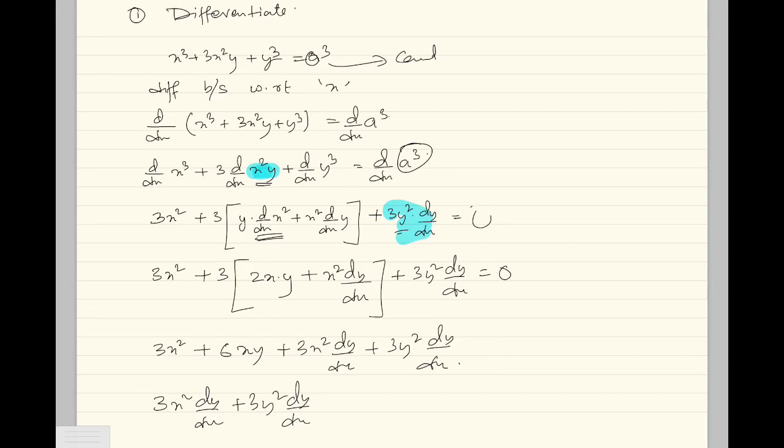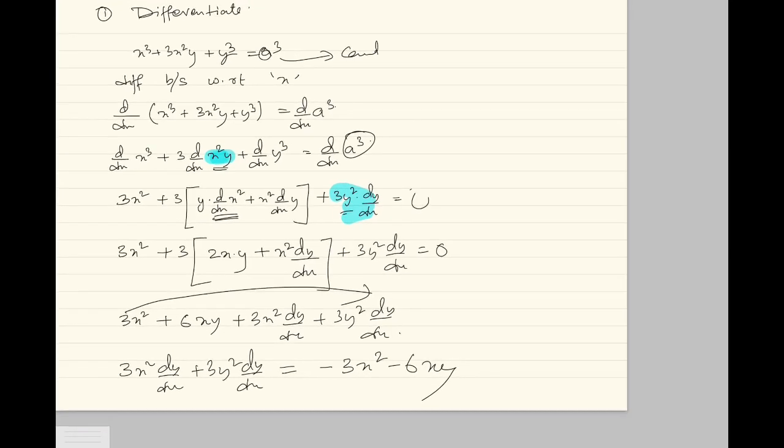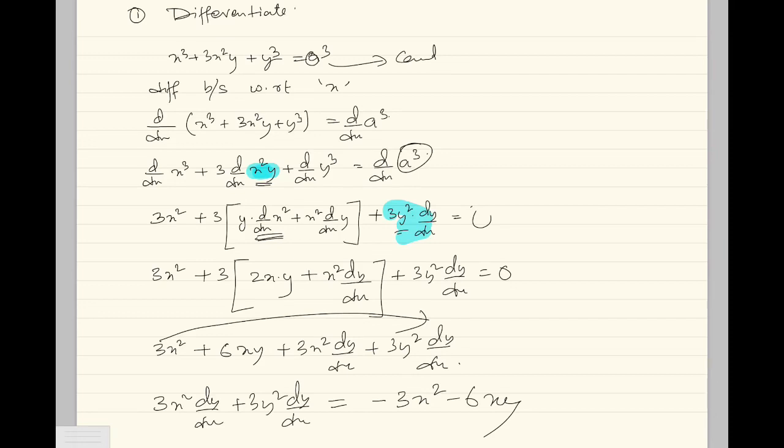And what I have on that side is minus 3x square minus 6xy. So everything goes to the other side here. The one with dy/dx remains on the left, the one without dy/dx goes to the right. So what I can do here is, now dy by dx common on the left, and I get 3x square plus 3y square, correct?